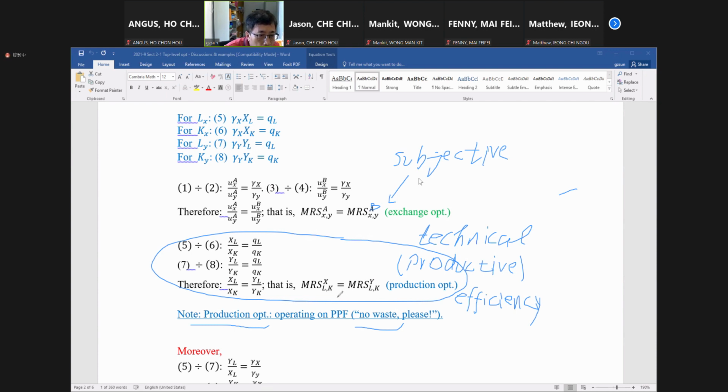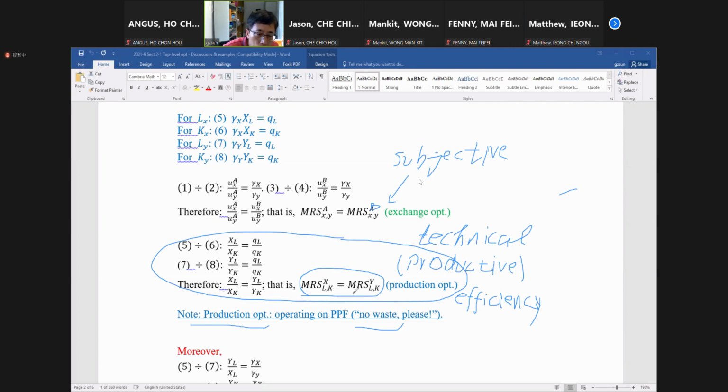If this condition is not true, then, as we explained in the last class, we can always reallocate labor or capital in a way to increase the output of X and Y. Do you remember in the last class, we gave a very simple example about how to reallocate labor to produce more X or more Y if this one is not true.